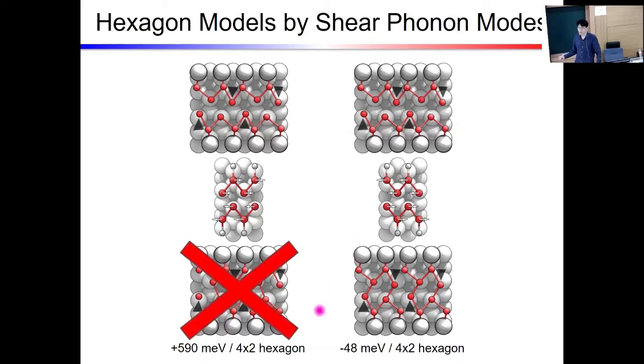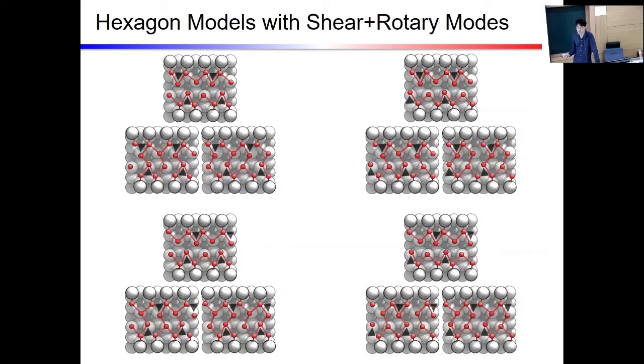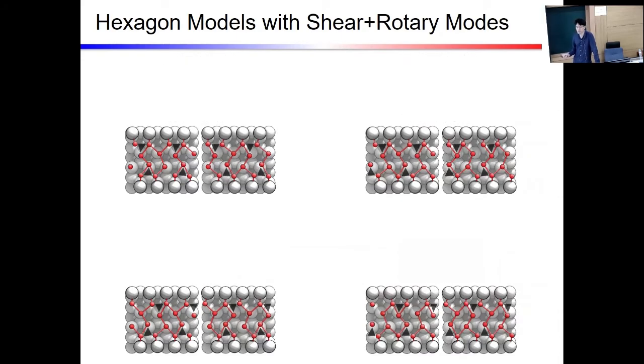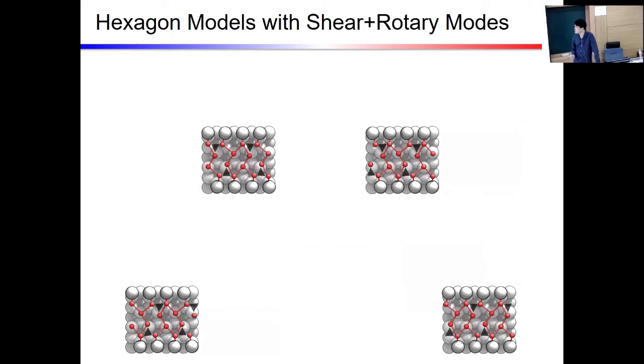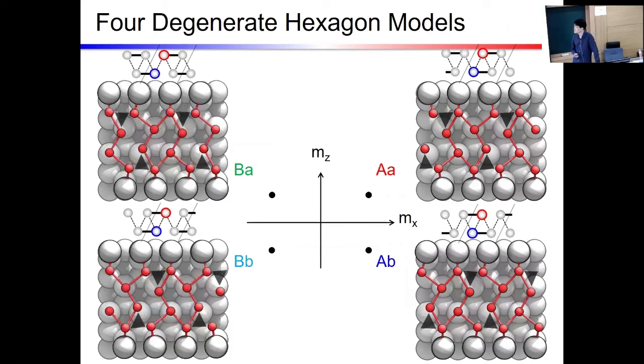So overall, we have only one choice for a given rotary mode, because of the 2 choices of shear mode, only one is allowed in the stable ground state. Each rotary trimodal has 2 choices of shear mode, and one of them is not allowed. So we find that this is a four-ground state, like here. That is our basic starting point.